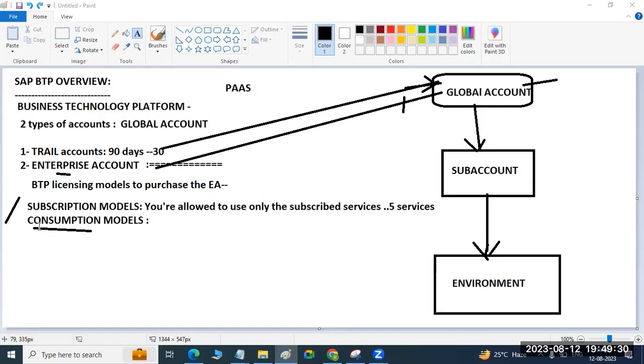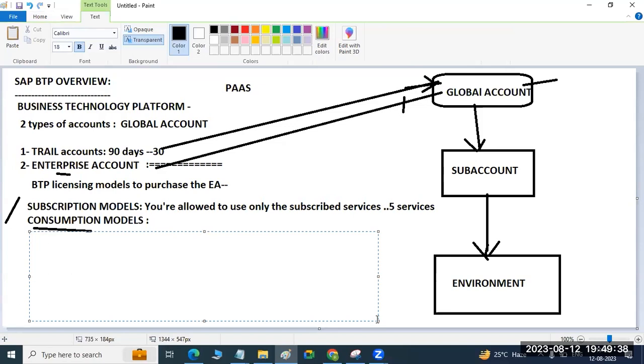In the consumption based model, there are two flavors again. That is what I am going to explain now. One is the CPEA, which means the Cloud Platform Enterprise Agreement.